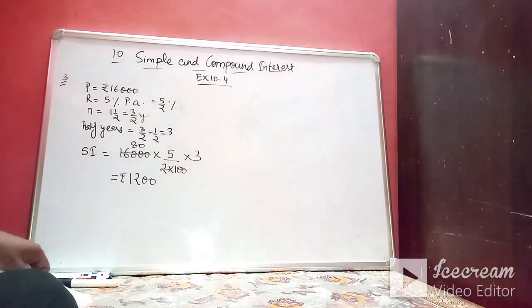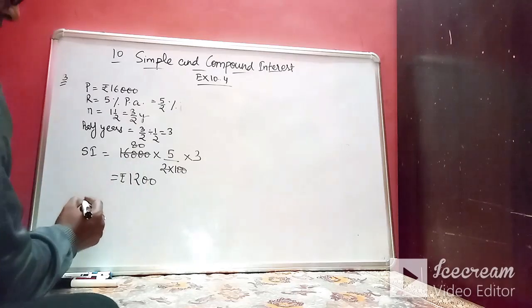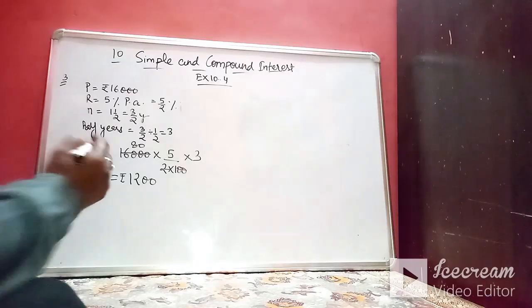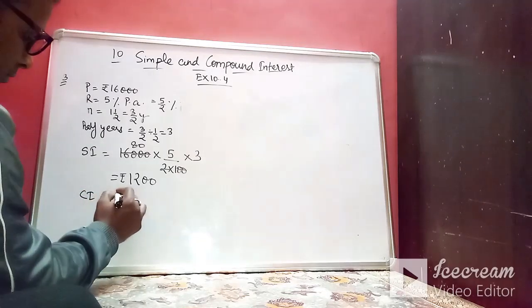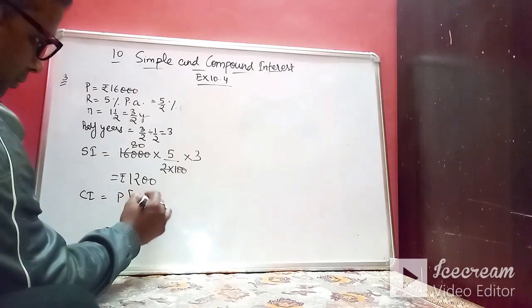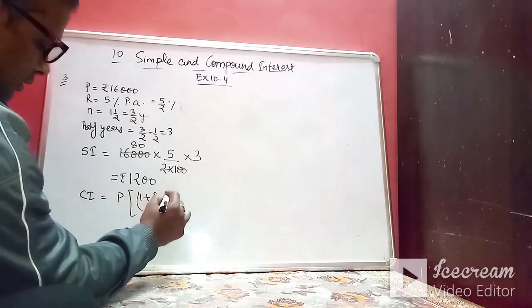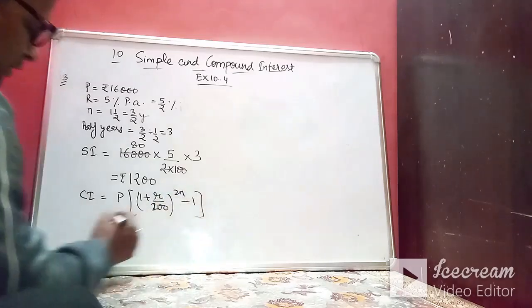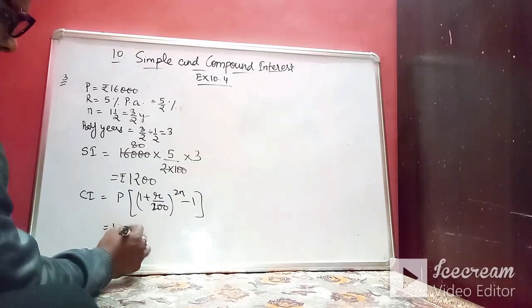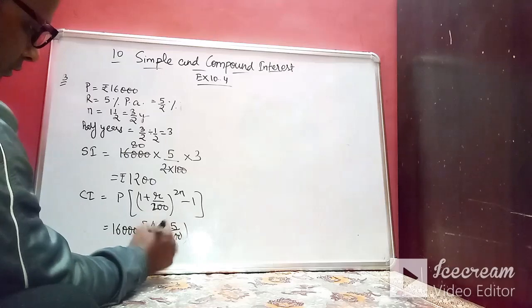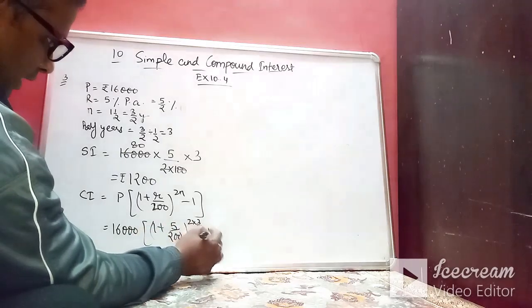Okay. Next we have to calculate the compound interest. So how do we calculate the compound interest? We can use the formula. Compound interest is equal to P into 1 plus R upon 200 to the power 2n minus 1, because it is half yearly. So principal is 16,000 into 1 plus 5 upon 200 to the power 2 into 3 by 2 minus 1.